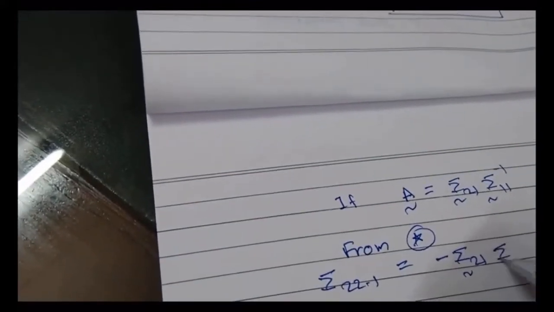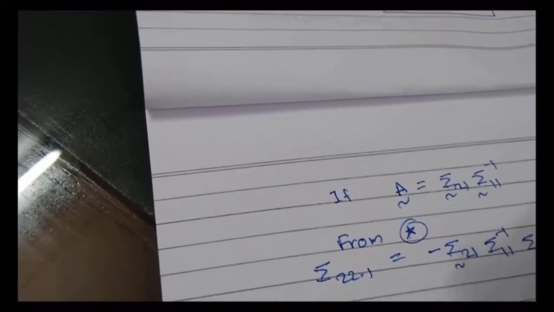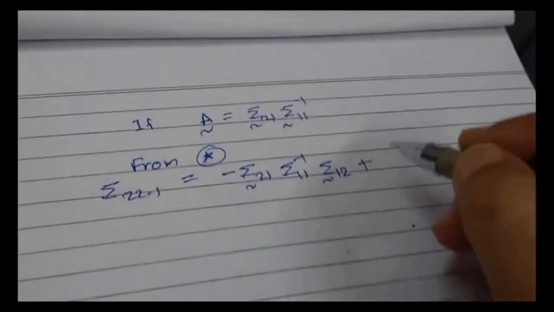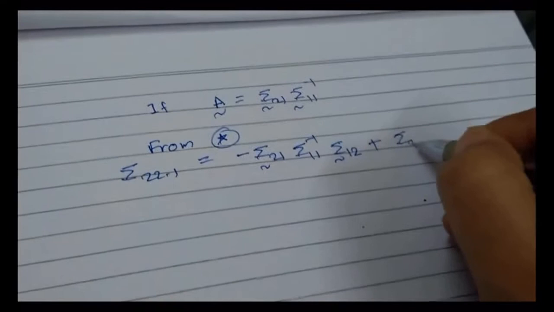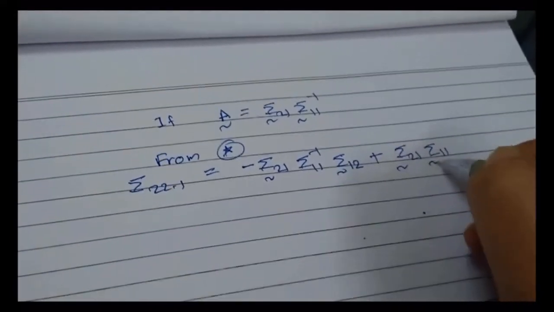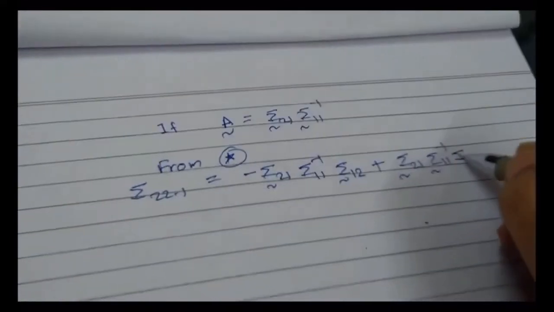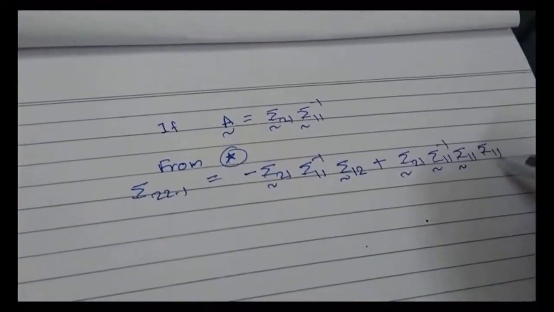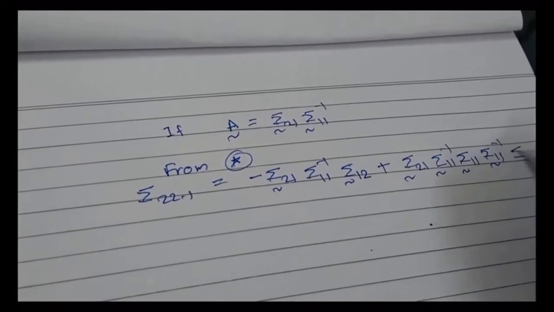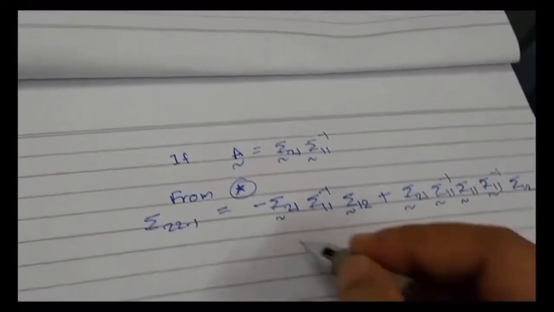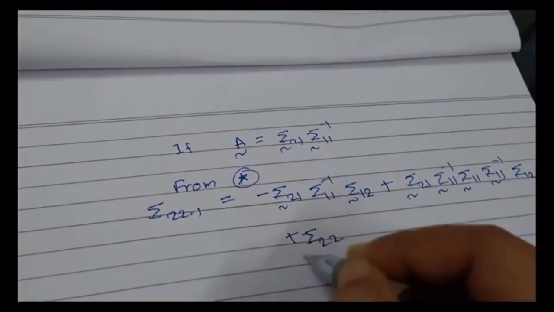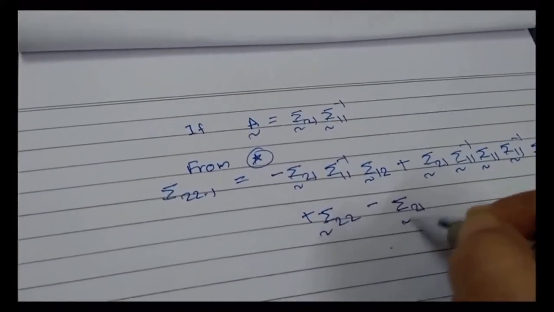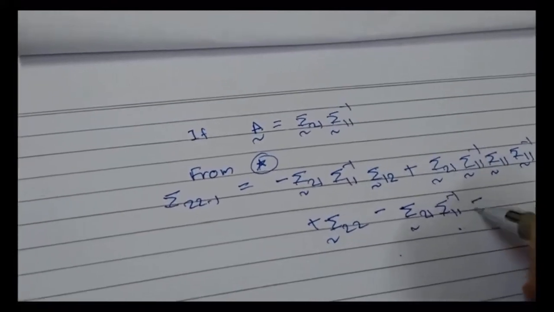A prime will be sigma 11 inverse sigma 12, plus A is sigma 21 sigma 11 inverse. Then I have sigma 11 and A prime is again sigma 11 inverse sigma 12, plus sigma 22 I'll keep as it is, minus A. So A I will substitute again as sigma 21 sigma 11 inverse sigma 12.